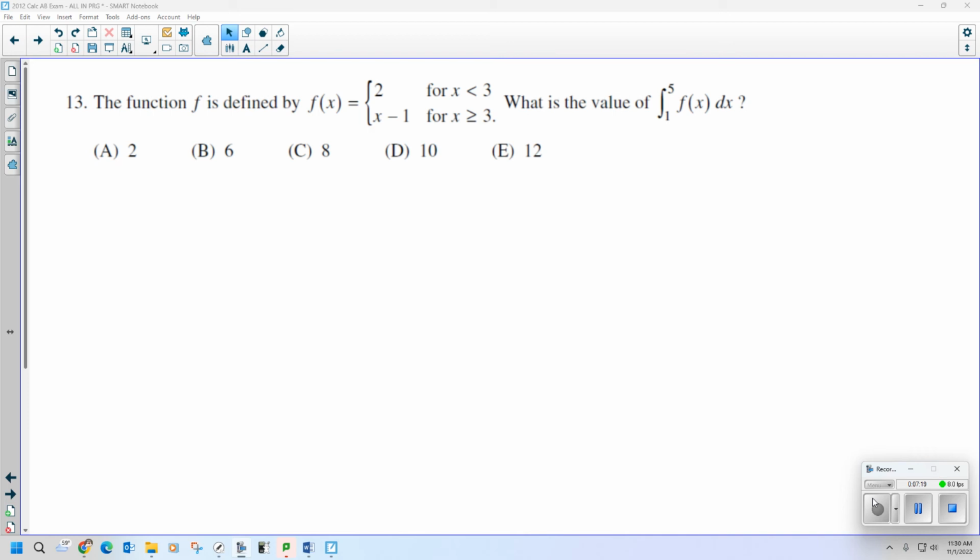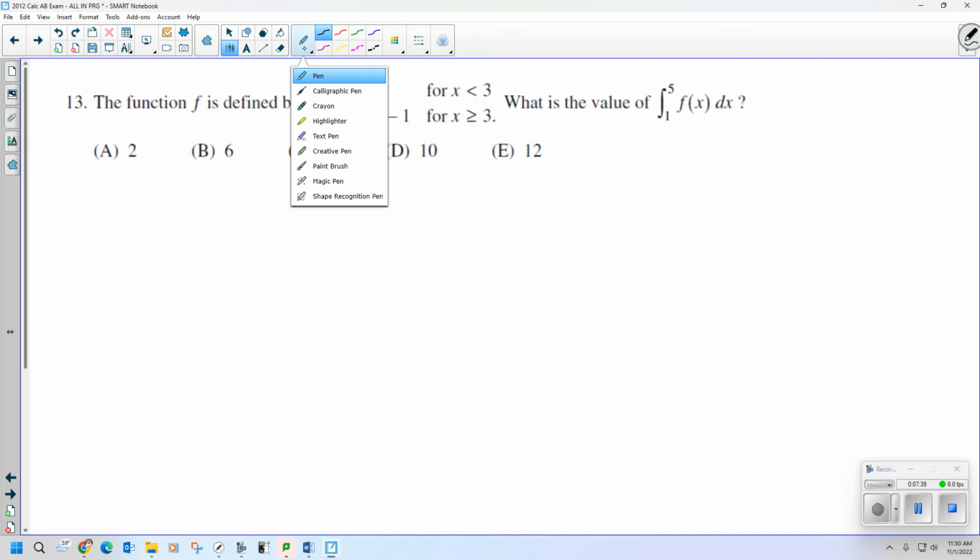What is the value of the integration from 1 to 5 of f of x? Now, I could graph this, and I'm going to end up with a couple of rectangles and a triangle, and I could really easily find the area under the curve if I graph this. But let's practice some integration, shall we?